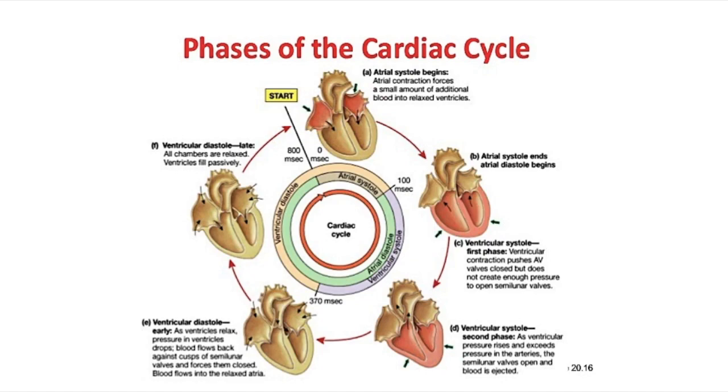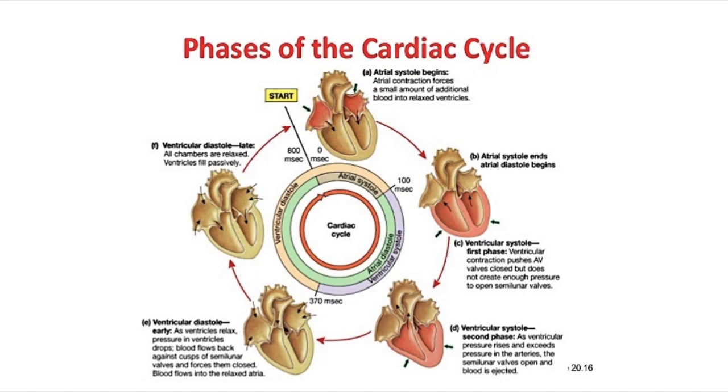Now, the phases or the stages of the cardiac cycle, you can see here in the figure. Each cycle lasts about 0.8 of a second, and it consists of three main phases: the atrial systole, ventricular systole, and then complete cardiac diastole.